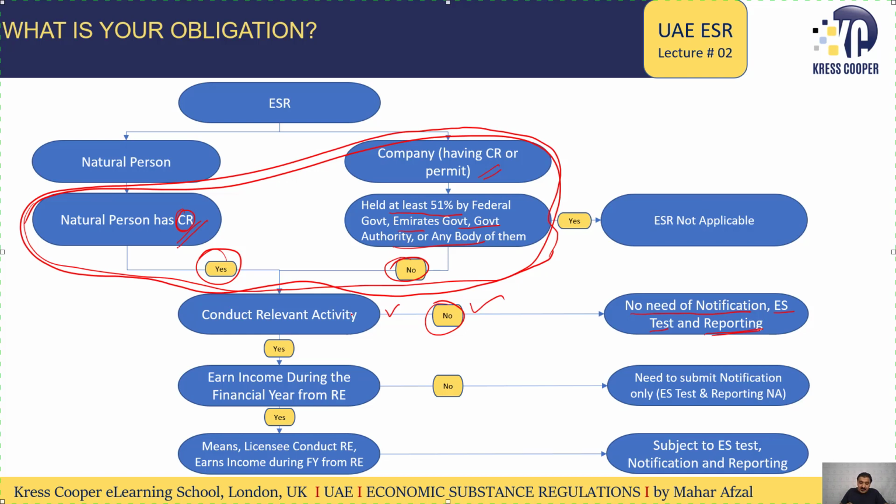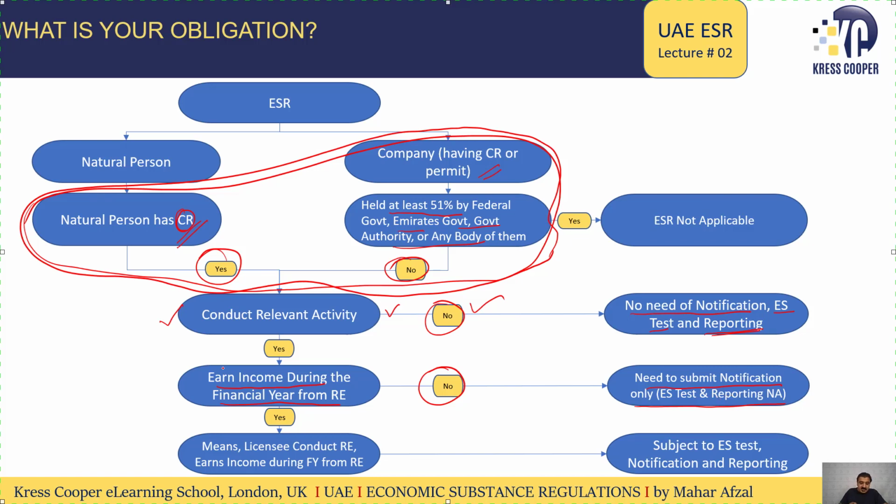On the other hand, if licensee is conducting a relevant activity, but licensee doesn't earn any income during the relevant financial year, then the law said they need to submit the notification only. They are not required to do the economic substance test. They are not required to do any reporting.